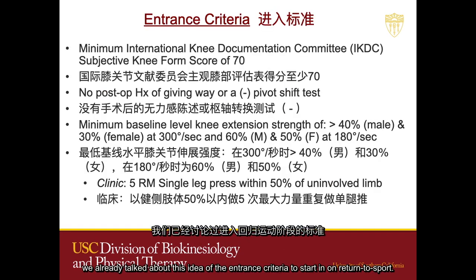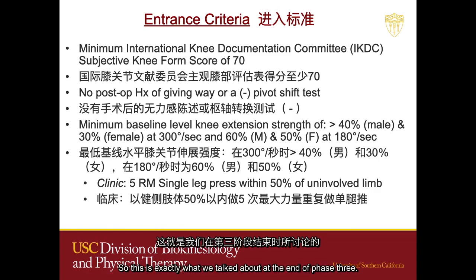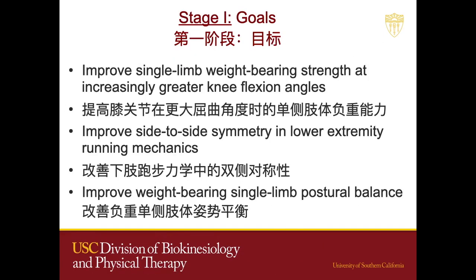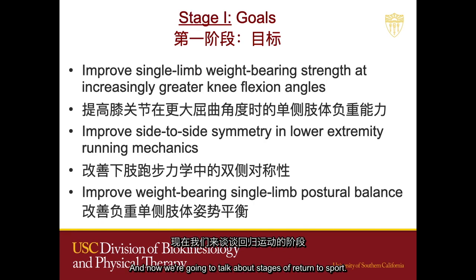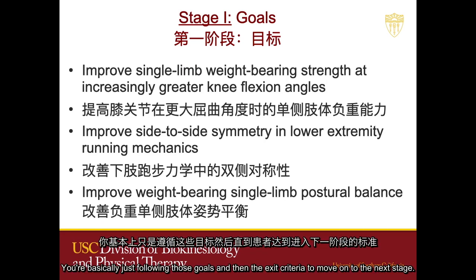Basically, we already talked about the entrance criteria to start in on return to sport, which is exactly what we talked about at the end of phase 3. Now we're going to talk about stages of return to sport. There's no timeline for these. You're basically just following the goals and then the exit criteria to move on to the next stage.